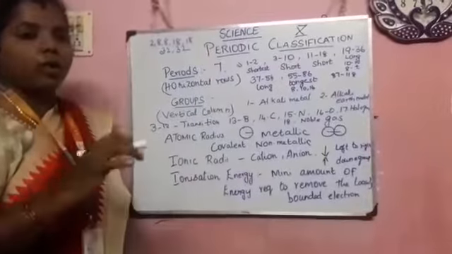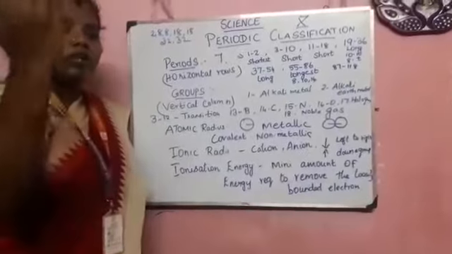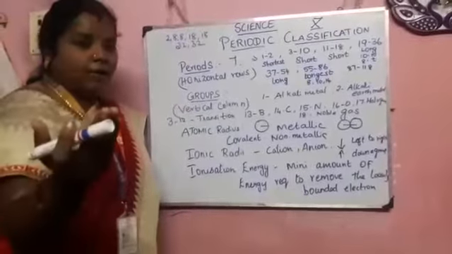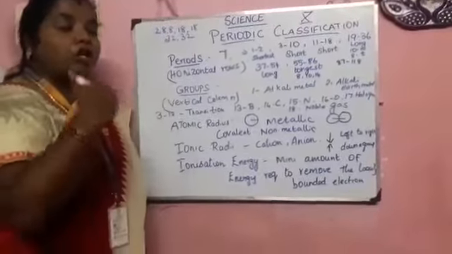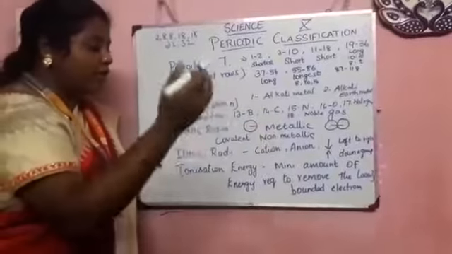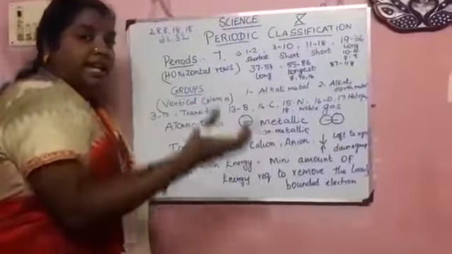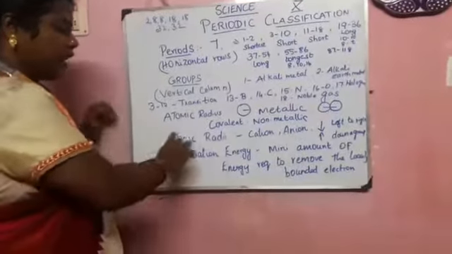For example, sodium, the atomic number for sodium is 11. If it wants to attain the stable configuration, that means 10. So it wants to lose an electron, one electron. If it loses the electron, it forms a cation. When it gains an electron, it is called an anion. Plus and minus symbols will be there. So that is the ionic radius.